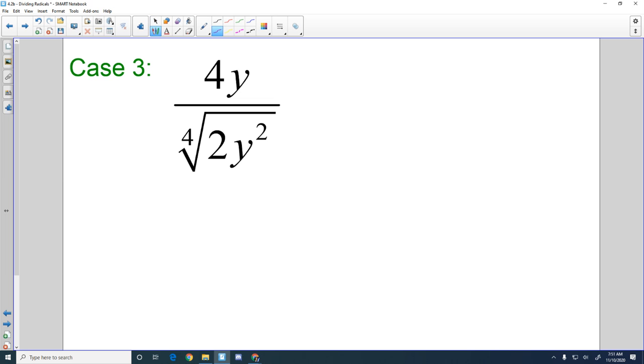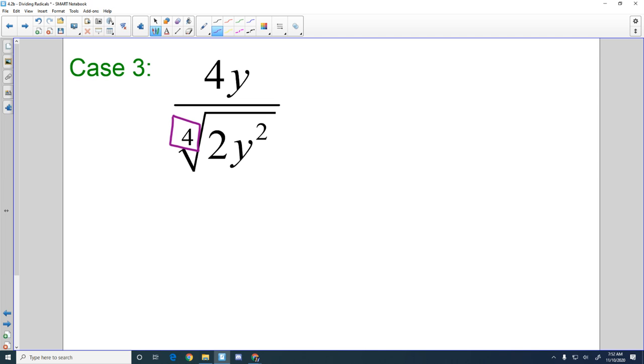Okay, so looking at that denominator, we look at the index of the root, and there's a 4. So that's kind of our focus. I need to get everything under that radical to have an exponent of a 4 or a multiple of 4. Now here's where you have to be careful.